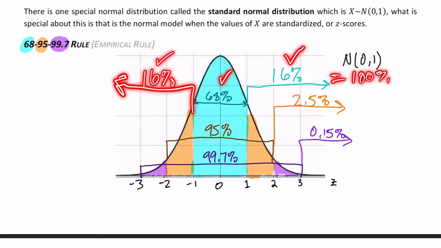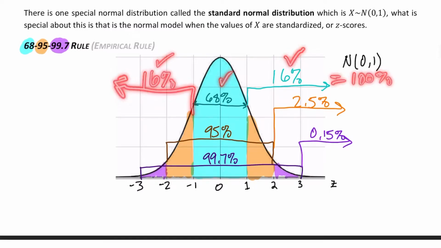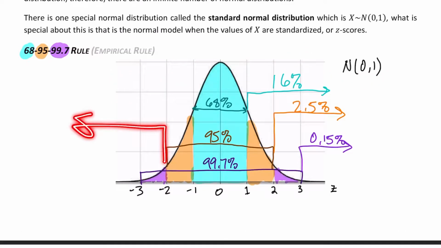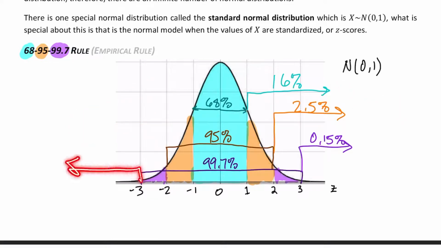It equals 100%. All right, so that means that from -2 down, that's 2.5% as well. Not writing it down, but notice 2.5 plus 95 plus 2.5 is 100%. And I could do the same thing from -3 and less, that is 0.15%. Add those three numbers up, notice we get 100.